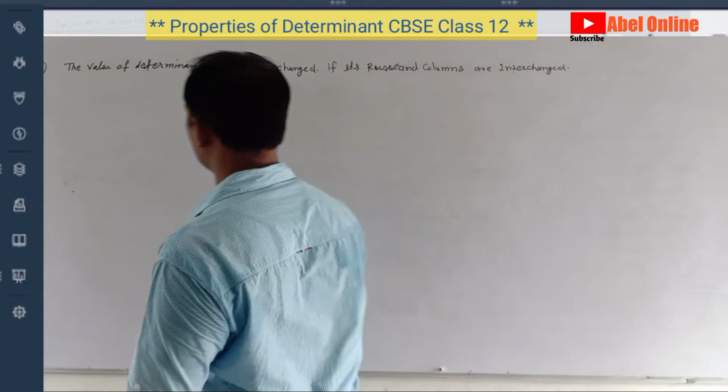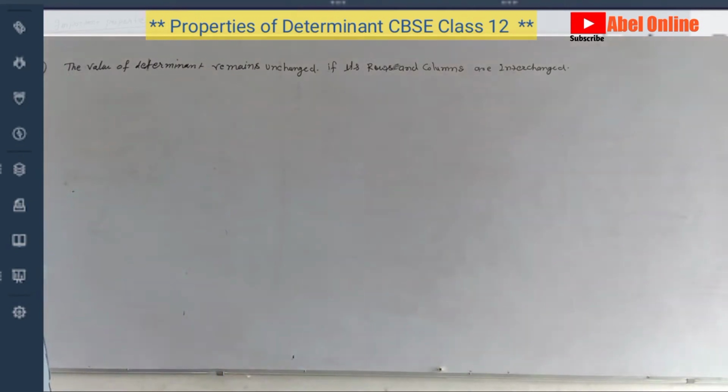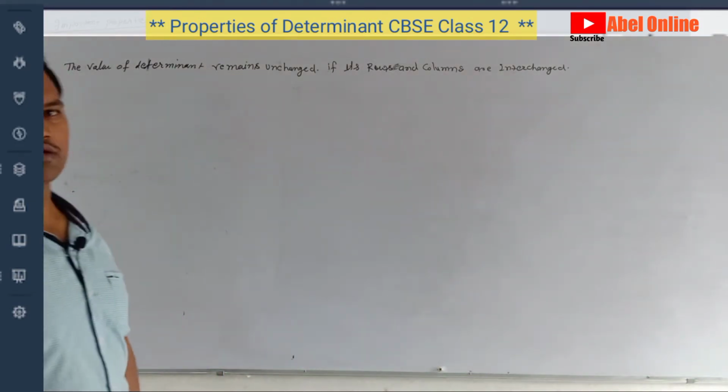So what is the first property? The value of determinant remains unchanged if its rows and columns are interchanged.